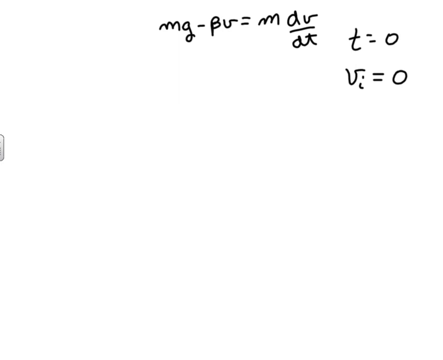We don't have to find the arbitrary constant c for the integral. We can just do a definite integral and say that the original time was 0 and the original velocity was 0. Okay with that? That's going to make our life a little easier. So I want you to imagine a skydiver falling out of an airplane or a hot air balloon. So she's pretty much stationary. At t equals 0, v equals 0, and then starts from rest and goes faster and faster and faster. Now there's another integral you could do.